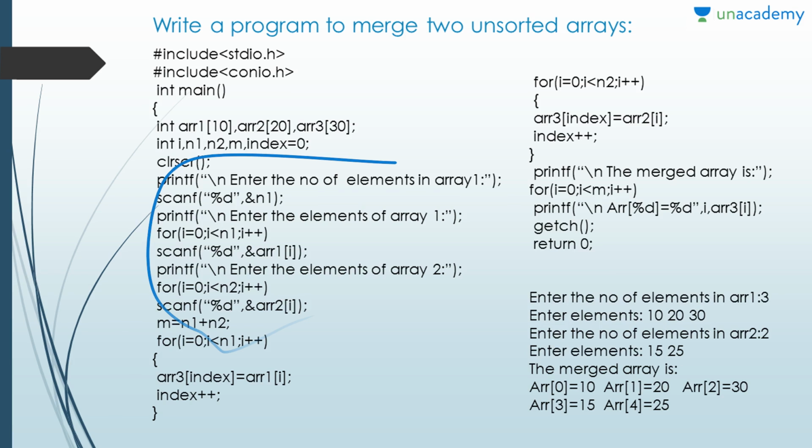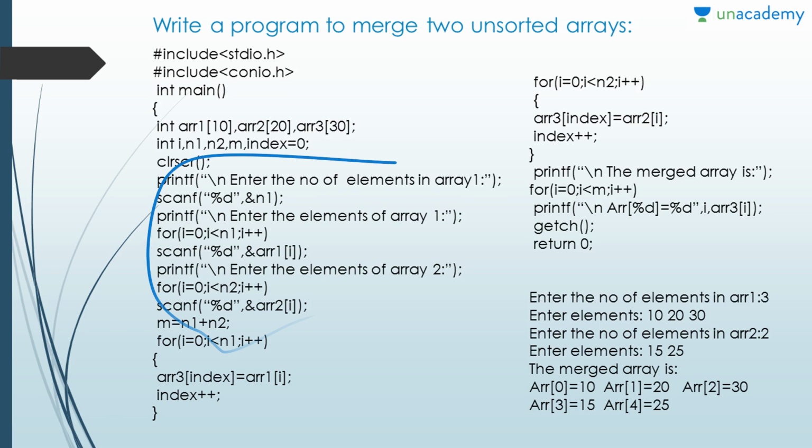So here you can see array 3 of index equal to array of i, meaning the i position will acquire the complete array 1 and array 2, meaning it will combine them into array 3, by means of indexing.